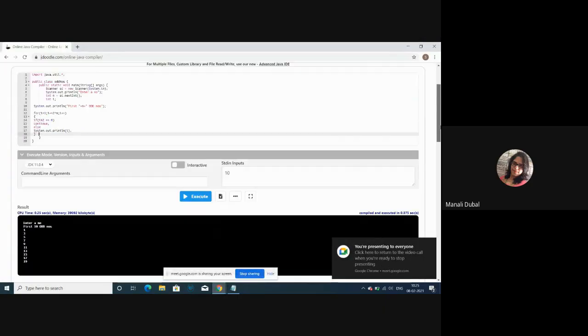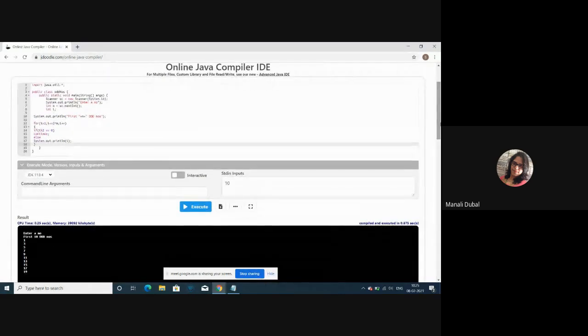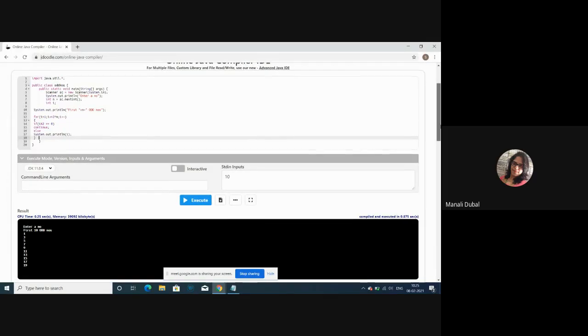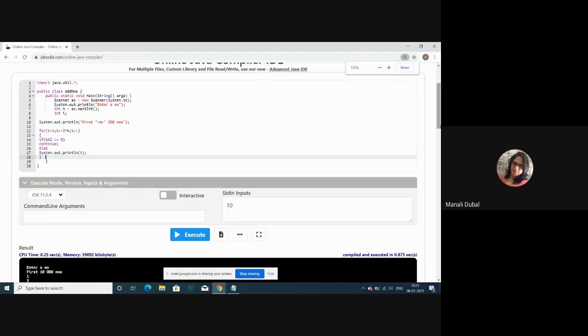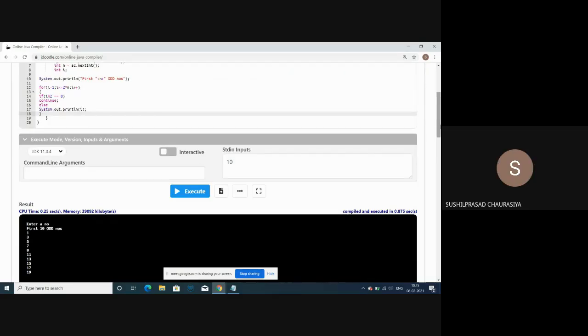Okay, 2 raised to n. You directly use 2 into n. Continue. Otherwise, you are printing. Oh, okay, good. Yes, I can see. Now, which question are you working on? Second, ma'am. Okay, no problem.